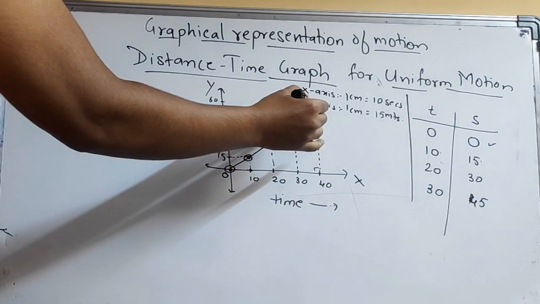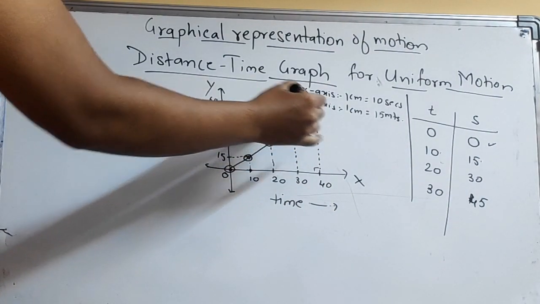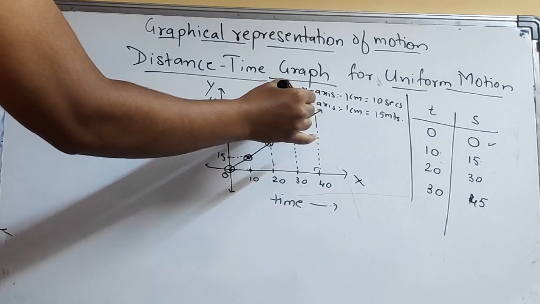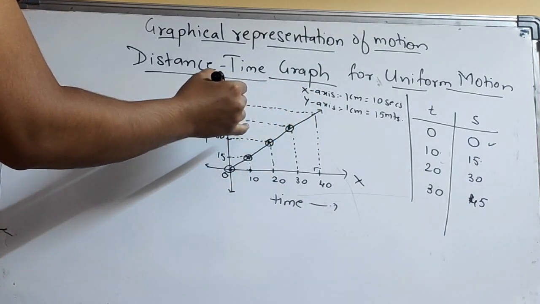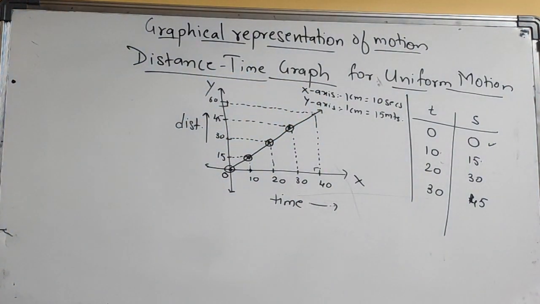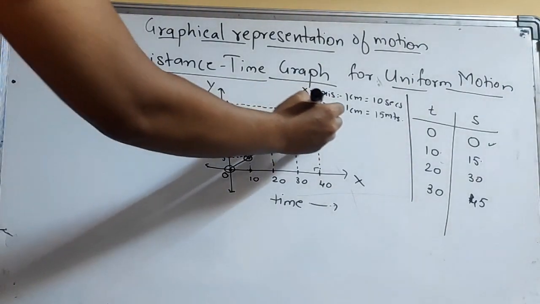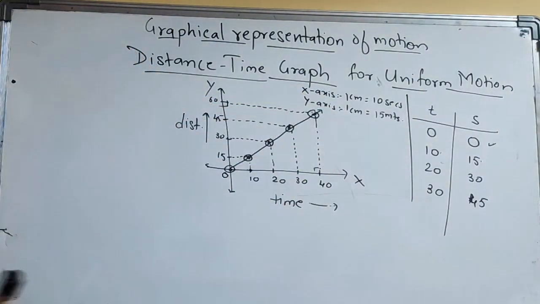And from this point, you draw a perpendicular line on the y-axis like this. So at 40 seconds, the distance covered is 60 meters. Understood? The second thing which you can get from this graph is the speed of that object.